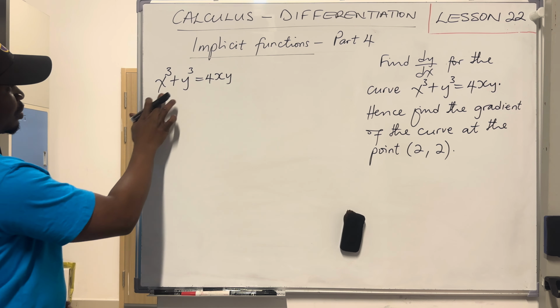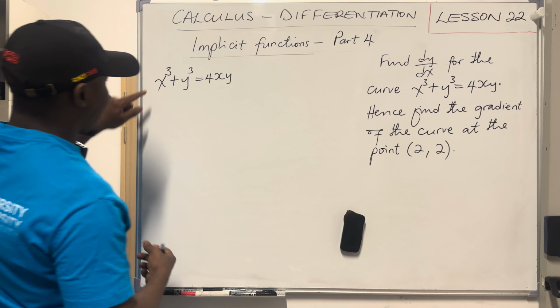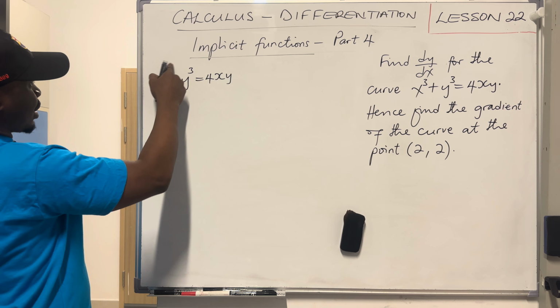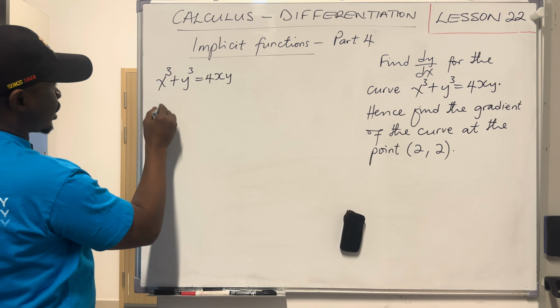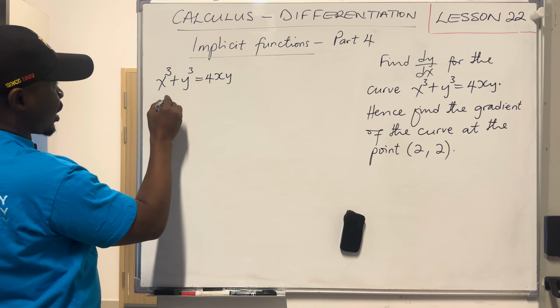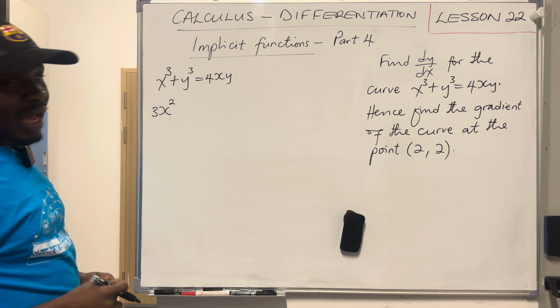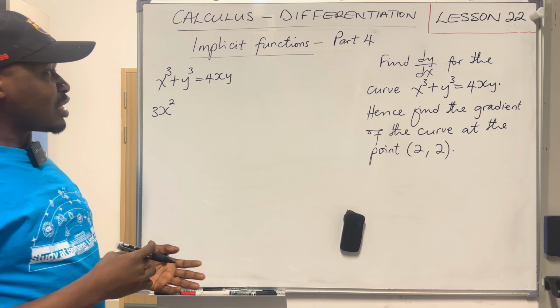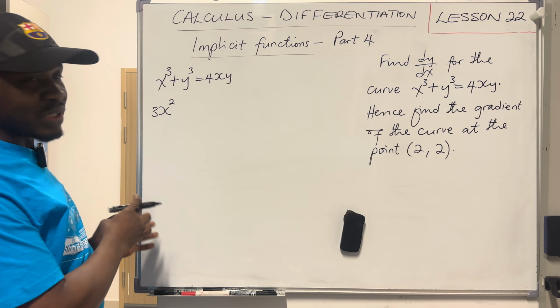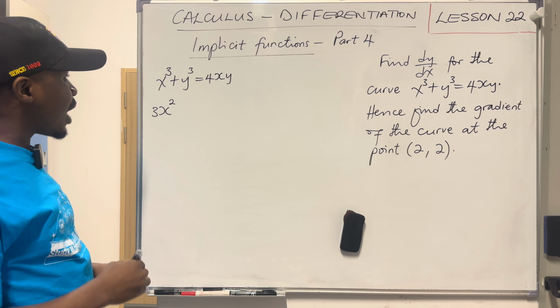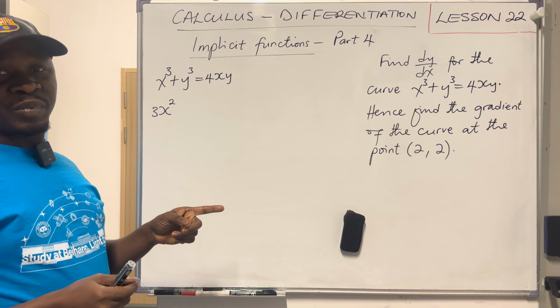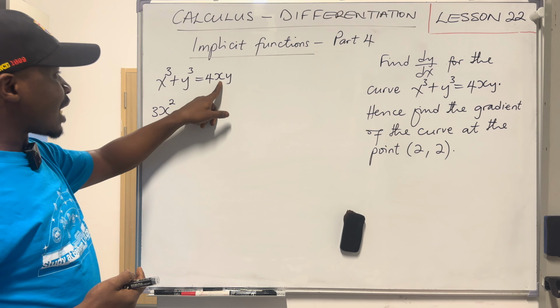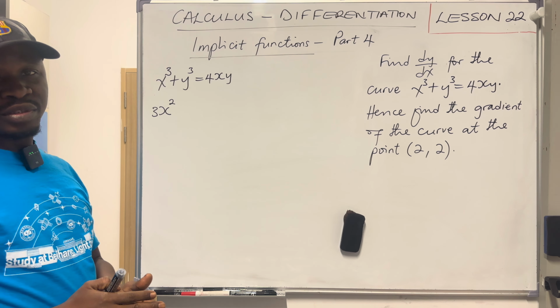So we want to find dy dx. X cubed, what do we do? Power 3 times 1 is 3. Then the power minus 1 will remain 2. As long as you are differentiating x, no problem. The difference in differentiating an implicit function lies when you are differentiating y and when you are differentiating the term that comprises xy.